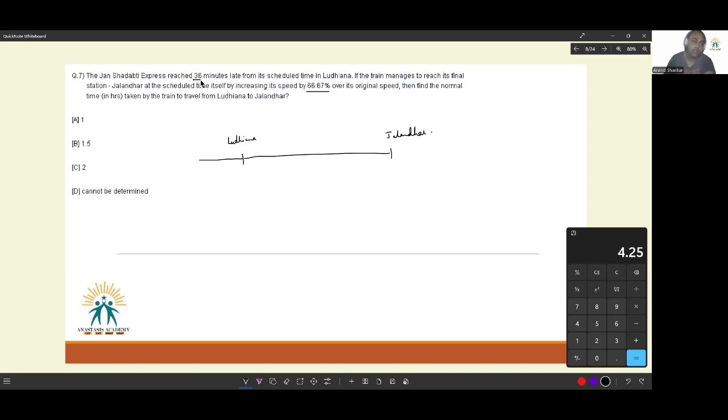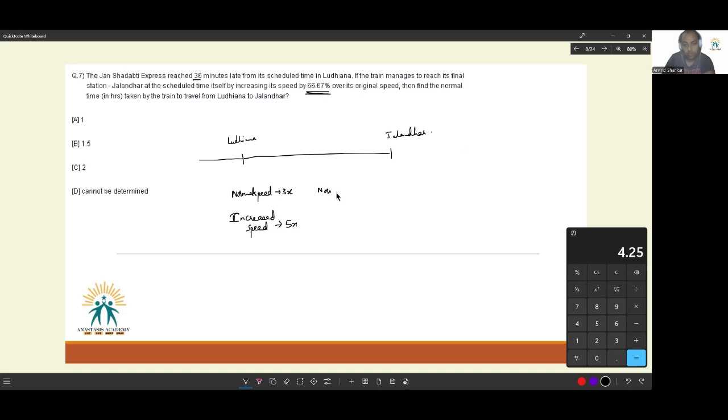And it compensated for that late time by increasing the speed by 66.67%, which means if I say normal speed was 3x, increased speed will be 5x. A 2/3 increase has taken place.